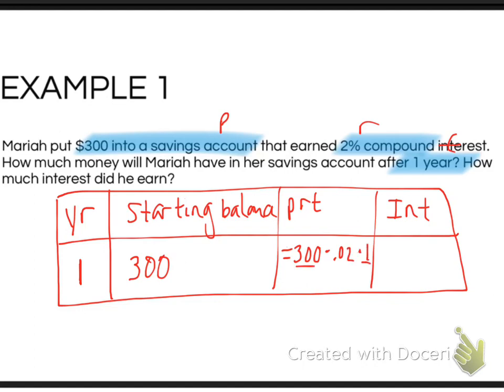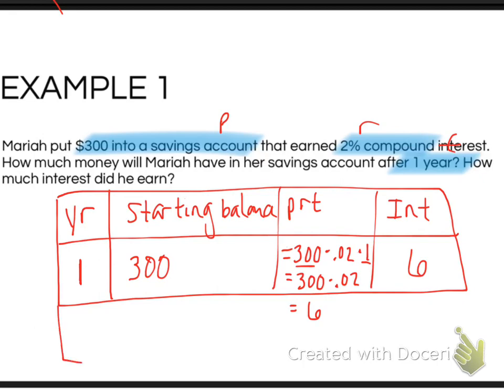Well, 300 times 1 is 300 times 0.02. 0.02 of 300 is 6. So her interest gained that year is 6.